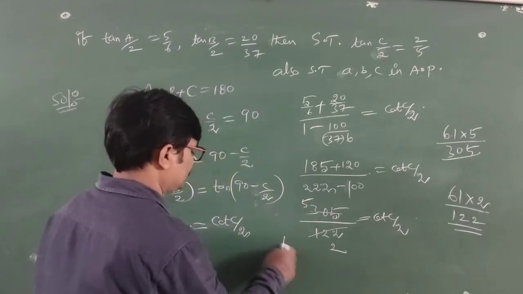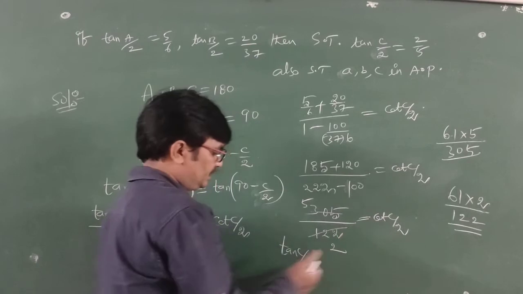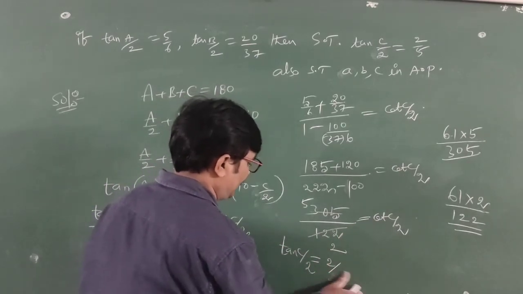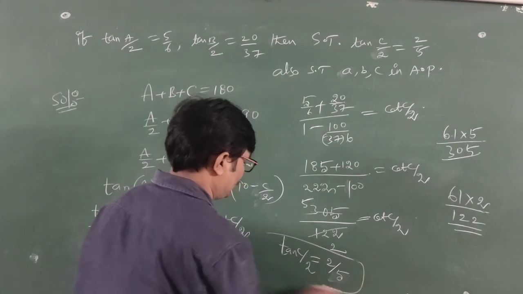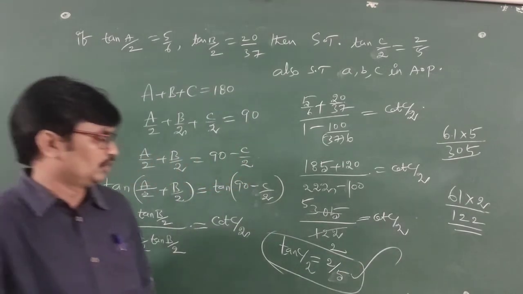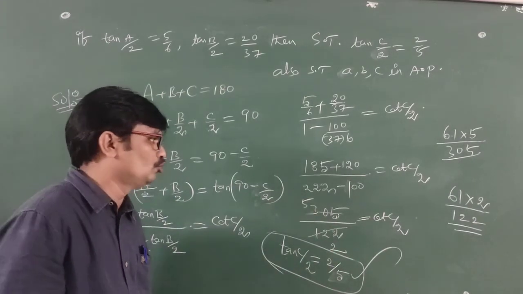Now students, the value of tan of C by 2: the reciprocal of cot is tan. Tan C by 2 is 2 by 5. Is it clear? So the cot of C by 2 is 5 by 2 and tan C by 2 is 2 by 5.